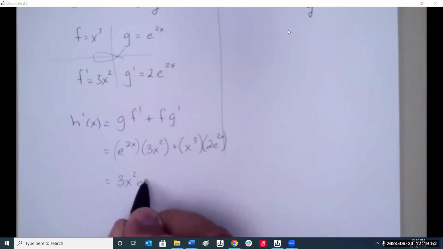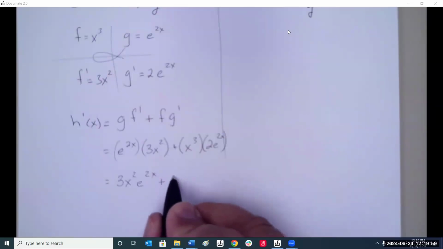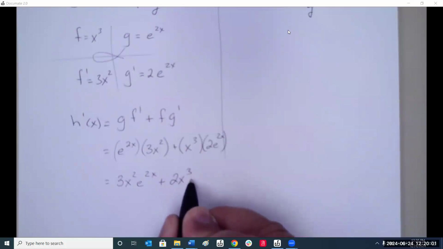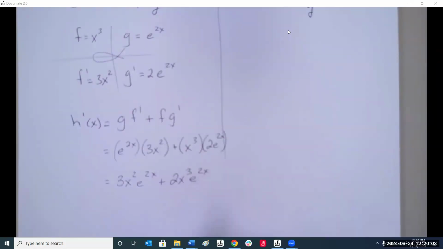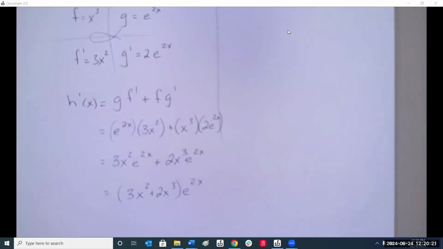Three x squared e to the power 2x plus 2x cubed e to the power 2x. And if you want to, you can factor out the two e to the 2x. So both of these answers would work.